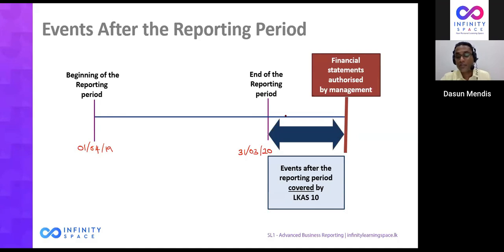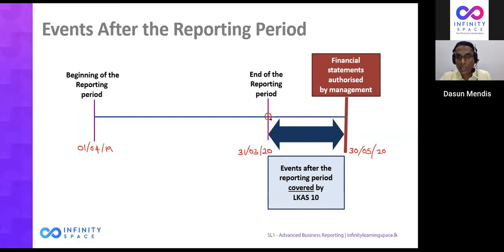Then if an event happens during the period from 31st March to the date where the financials are authorized by the management, let's say the financial statements are authorized on 30th May 20.